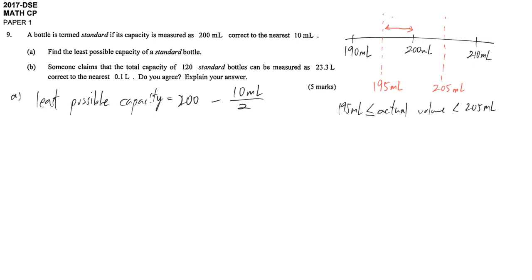This range is the error. The longest error is just half of the interval, because if it is more than half of the interval, you consider it another value. So this is called the maximum absolute error.